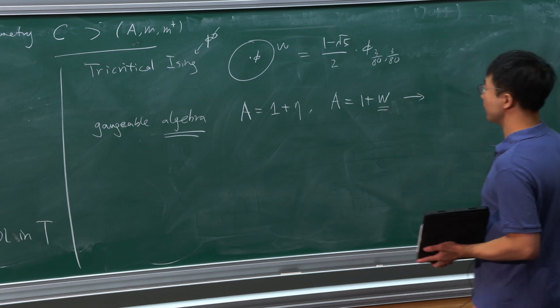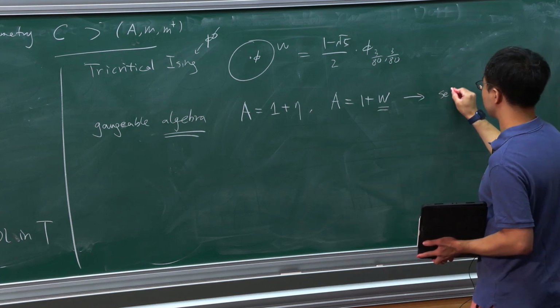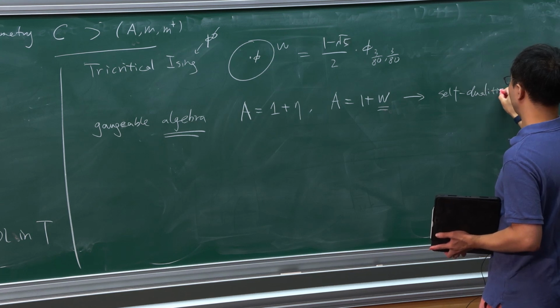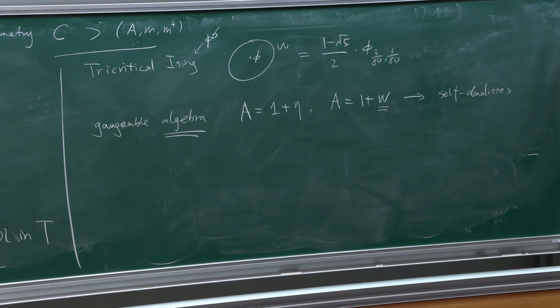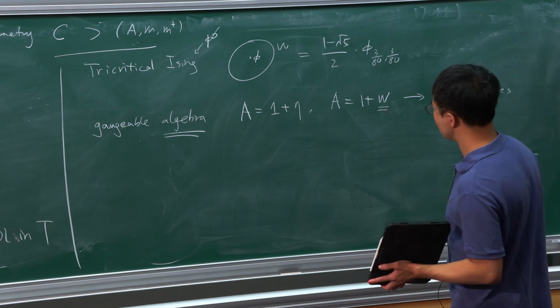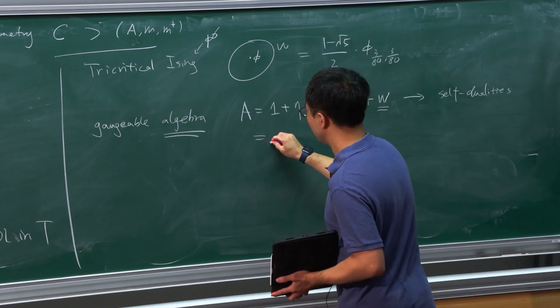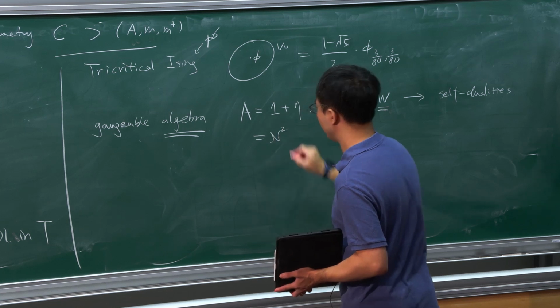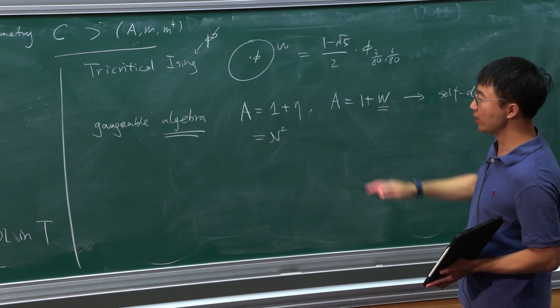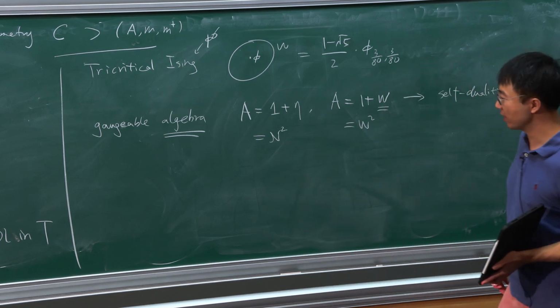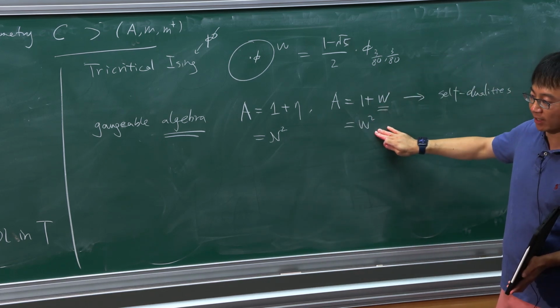And you can ask, what happens when you gauge the symmetry? What you'll find is that both of them lead to self-dualities. The reason is that in either case, they can be written as the product of topological defects within the same theory: in this case by the duality defect itself, in this case by the Fibonacci defect itself.